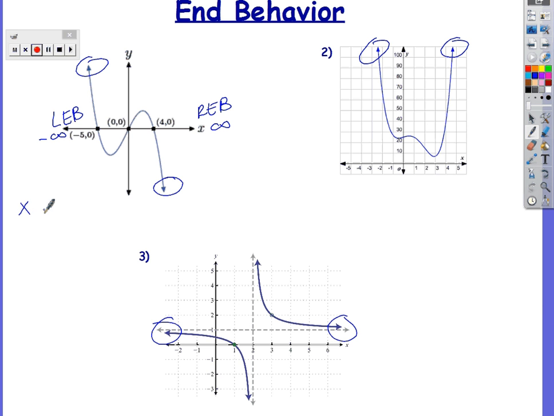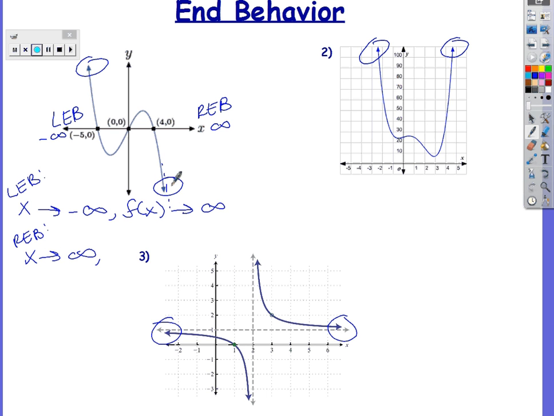As x gets really, really small, towards negative infinity, where is your function going? Well, this function is going up, so that f of x, or y, is going to positive infinity. Whereas your right end behavior is when x goes to positive infinity. Where is your function going?